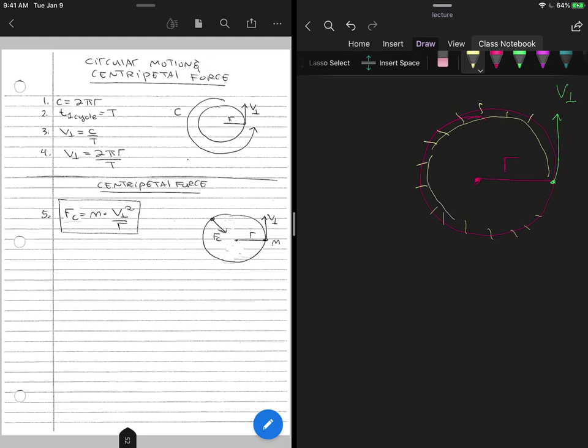The distance that point travels is going to be equal to the circumference of the circle, so the distance traveled is 2 pi r. And we're going to define the time for the particle to make one cycle to be the period.